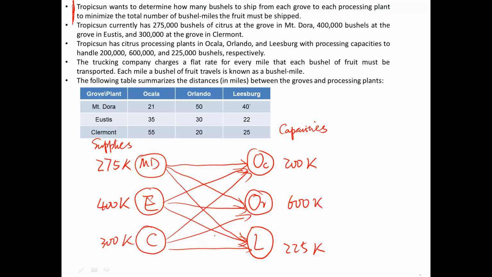But to make it easier for us to define, let's just number those nodes 1, 2, 3, 4, 5, 6.